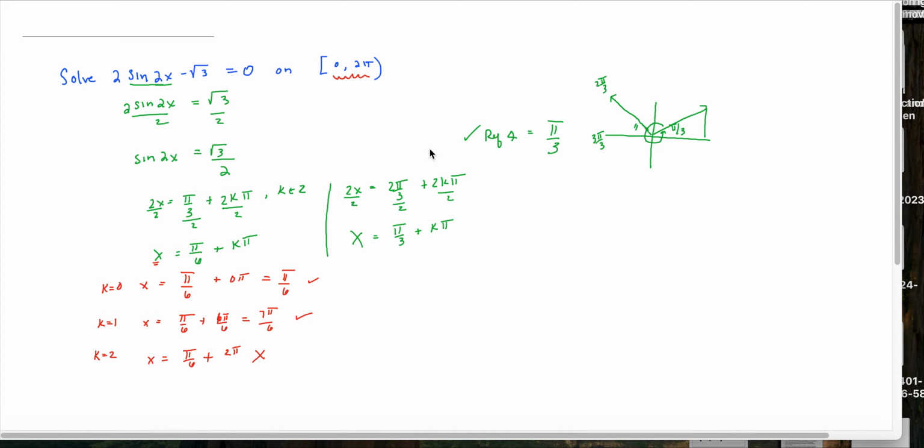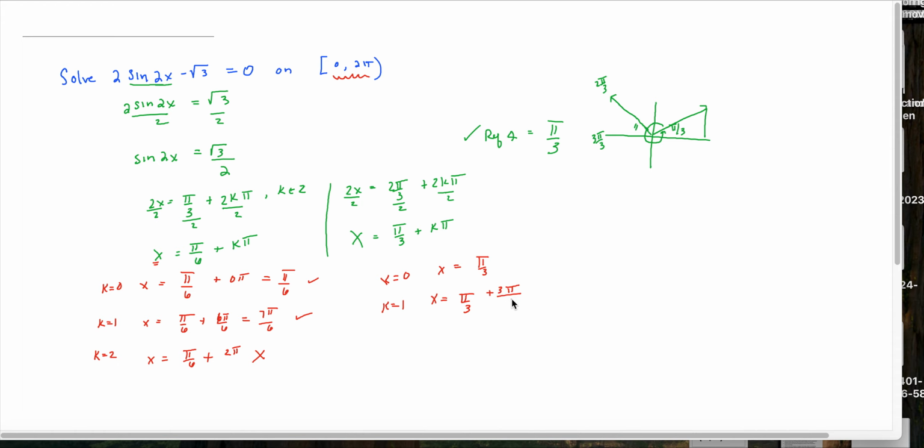So now let's consider this side. So we would also have, let's think when k is equal to 0, that is going to give us pi over 3, again, plus 0 pi, so pi over 3. If k is equal to 1, then x is equal to pi over 3 plus 1 pi.